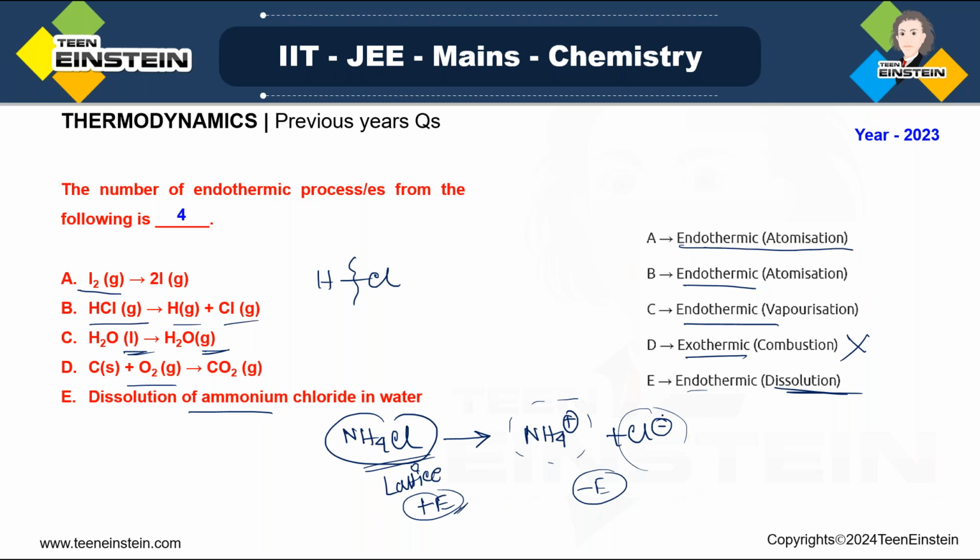There is also an example: suppose you take calcium oxide and dissolve it in water, then it is not endothermic, it is exothermic. There is heat generation. You can touch the container and you will feel some heat. But when you dissolve NH4Cl in water, you will have a cool sensation. That means it is taking energy from the surroundings, because energy is ultimately required. So this is also endothermic. So a total of 4 will be the answer.